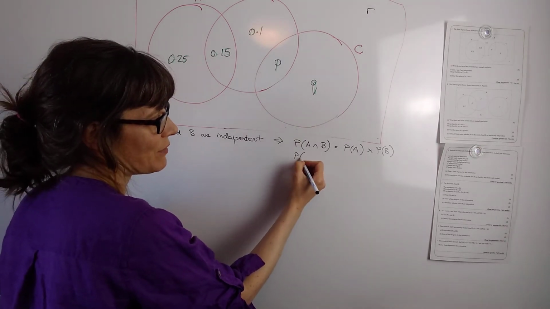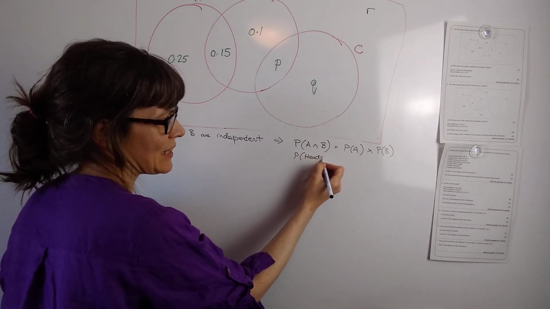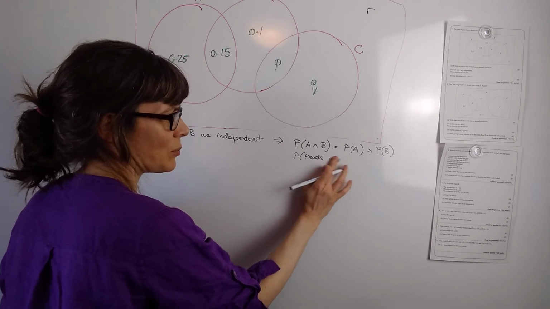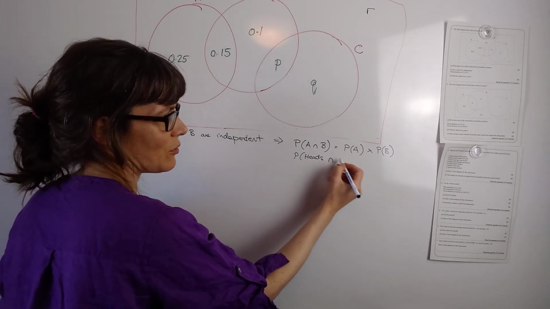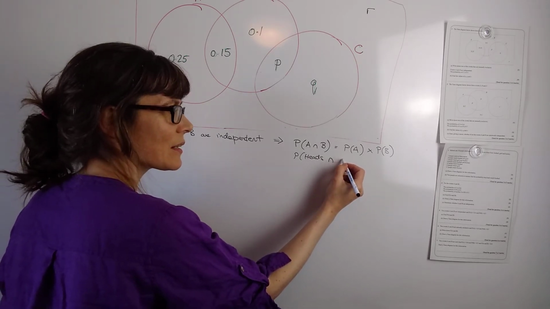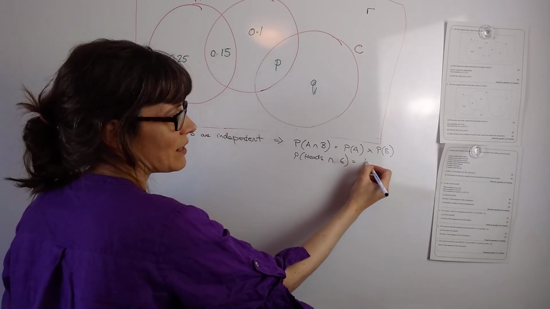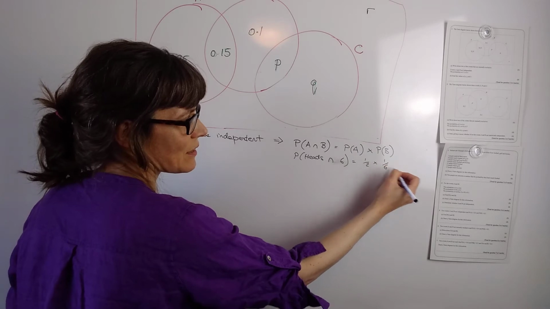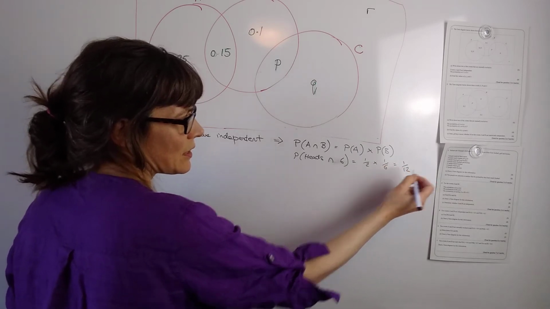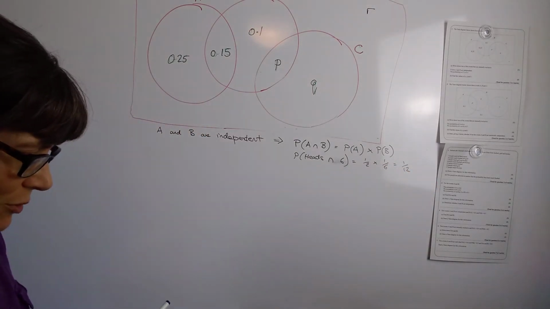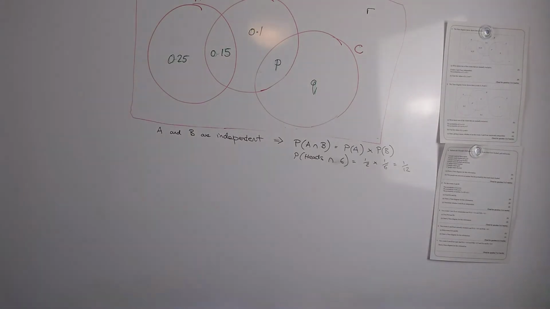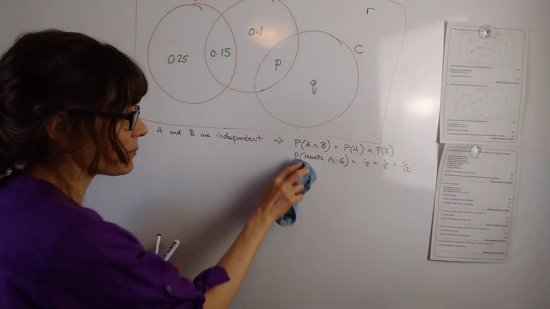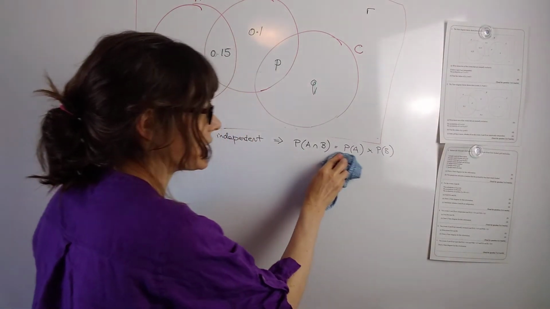So probability of heads and 6, I'll put the intersection sign in, that sort of means and, doesn't it? Would be a half times a sixth. So you can just go back to a simple example. I'm going to get rid of that because we've got our own probabilities here.